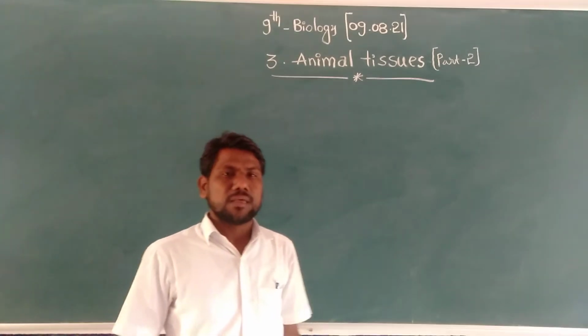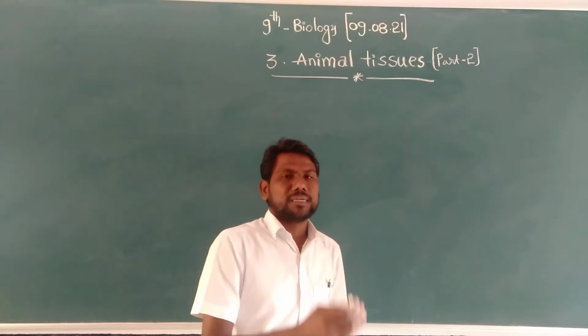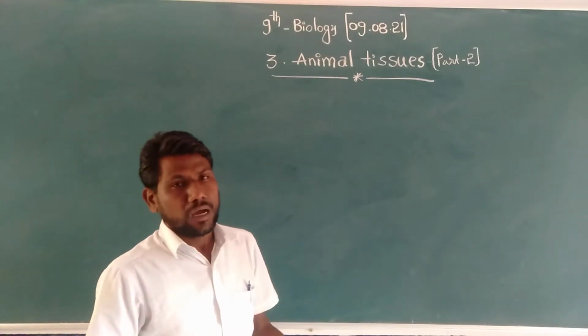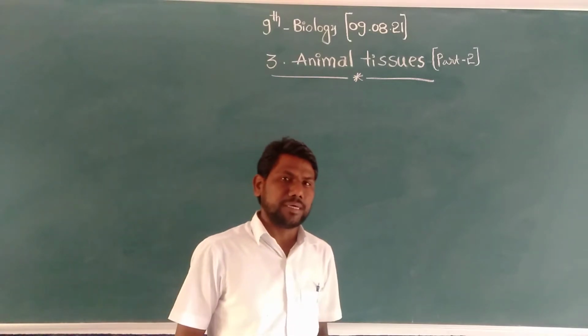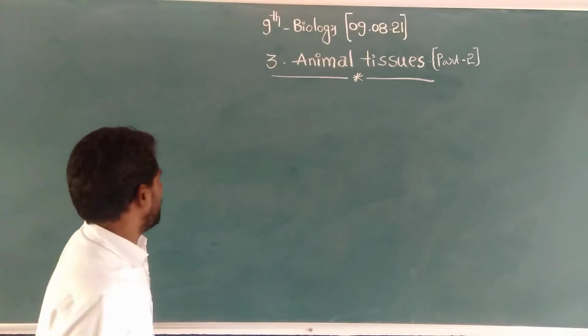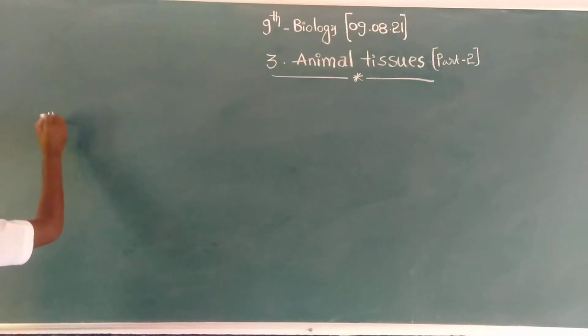In the previous class we already discussed what tissue is and what types of animal tissues there are. How many types of animal tissues are there? Animal tissues are four types. First, epithelial tissue.